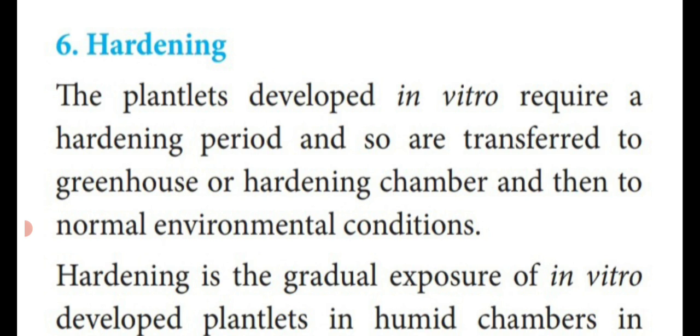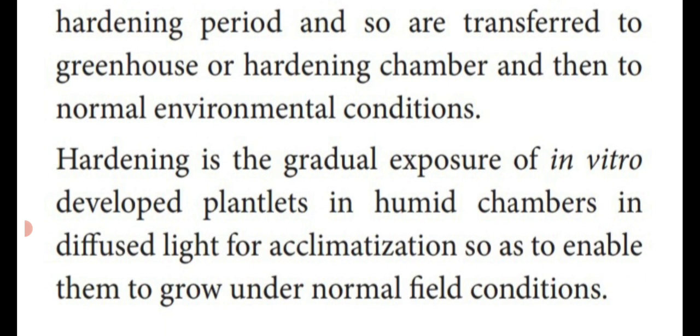So hardening is a gradual exposure of in vitro plantlets in humid chambers in diffused light for acclimatization so as to enable them to grow under normal field condition. So the plantlets produced in the test tube culture are introduced into the natural environmental condition in a stepwise manner, which is known as hardening.